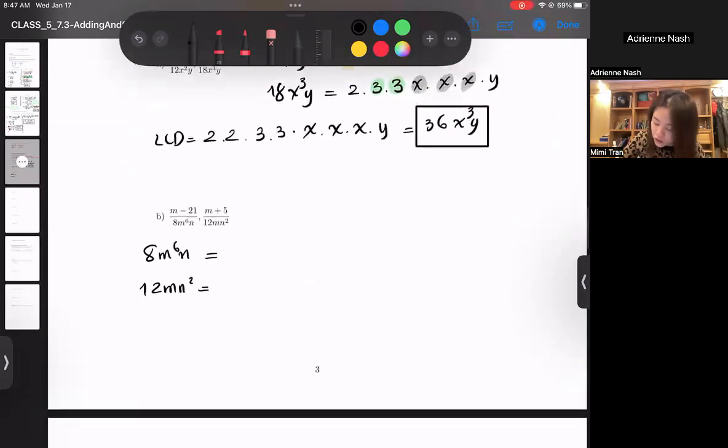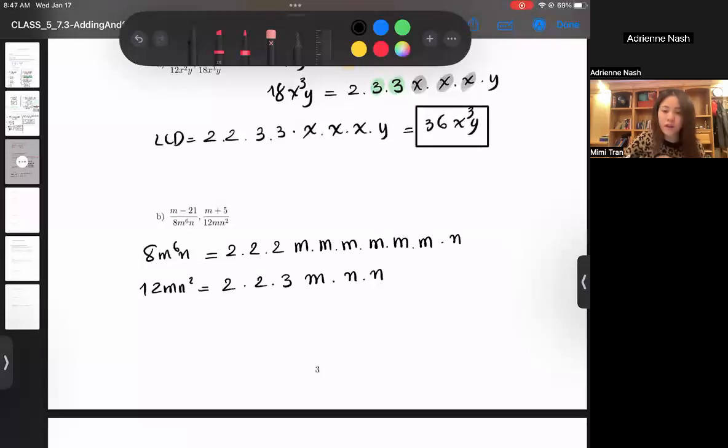So the 8m^6 n will be 2 times 2 times 2, and then m times m times m, times m, m, m, 4, 5, 6, right? Times n, and then 12mn^2 will be 2 times 2 times 3, then m, times n times n. I know it's kind of overkill, but I want to do it slowly.